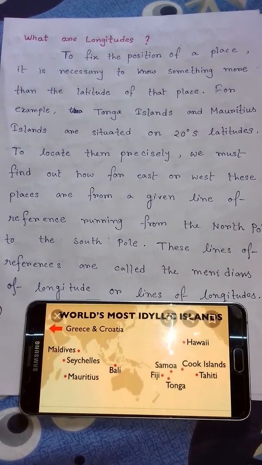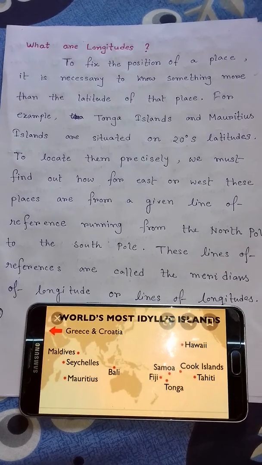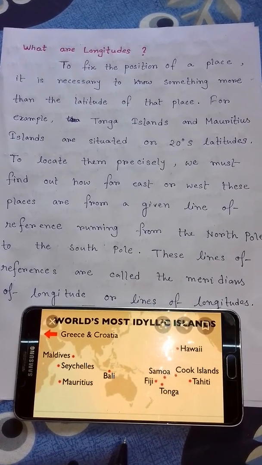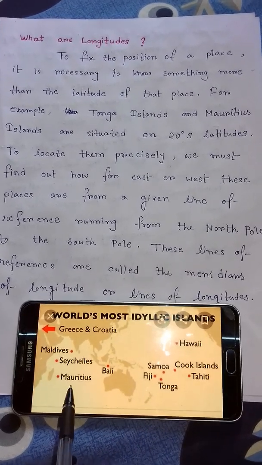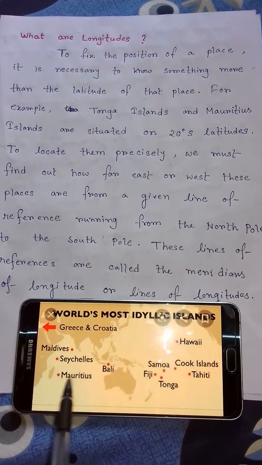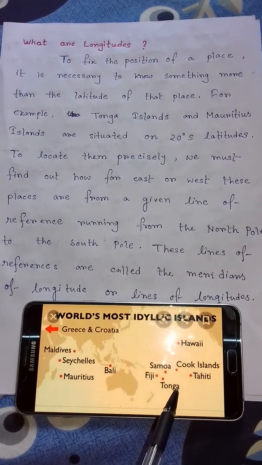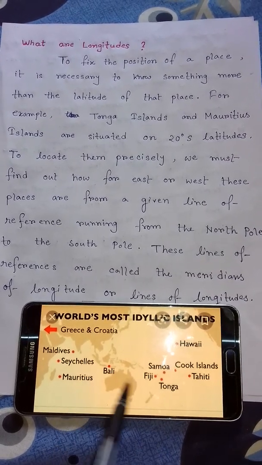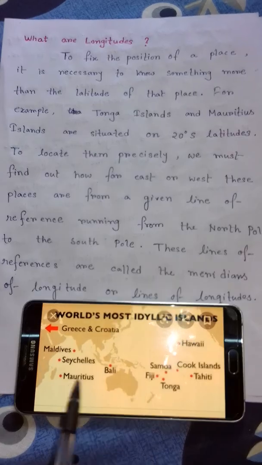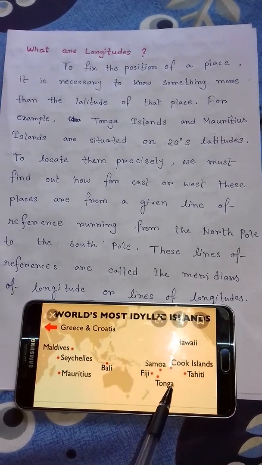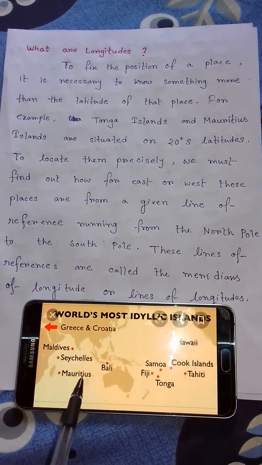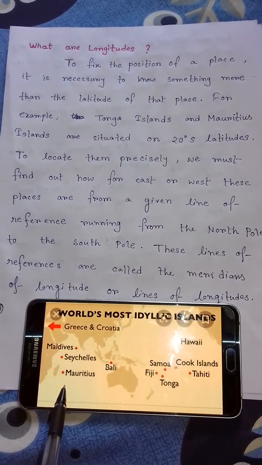Now listen once again. This is a little bit tough point. These two islands, Tonga Island and Mauritius, both are situated in the same latitude, that is 20 degrees south, but they are not in the same place. One is in the Pacific Ocean and the other is in the Indian Ocean.